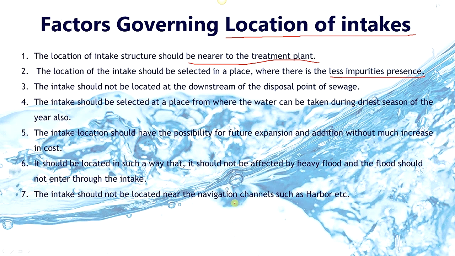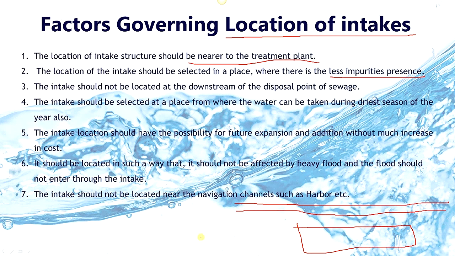We will take one example here. Just consider that this is a river flowing here and we have a town here. For reference, we have a water treatment plant here, so where can you locate the intake structure?